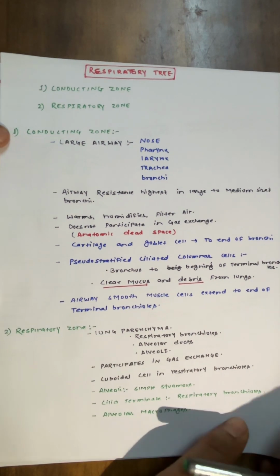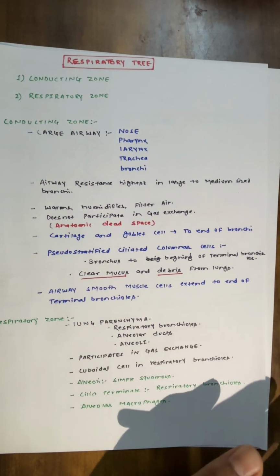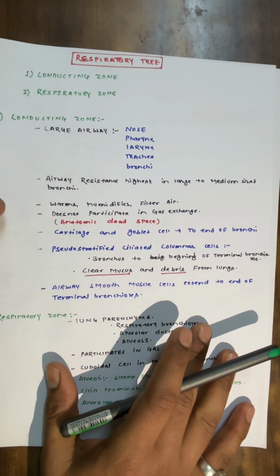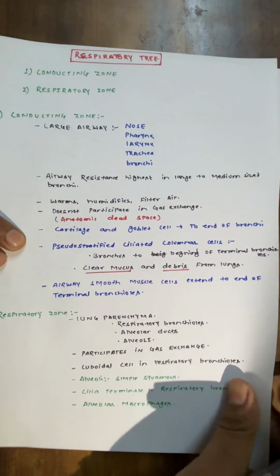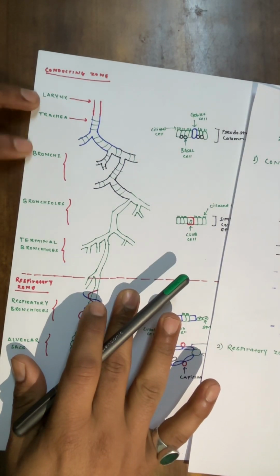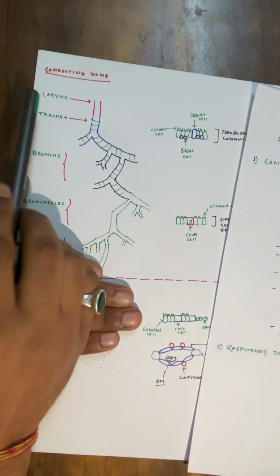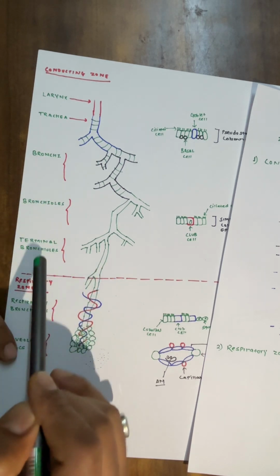Now we'll talk a little bit about histology and structure. In the conducting zone there is cartilage and goblet cells, up to the end of the bronchi. In this picture, up to here is the conducting zone: larynx, trachea, bronchi, then bronchioles, then terminal bronchioles.